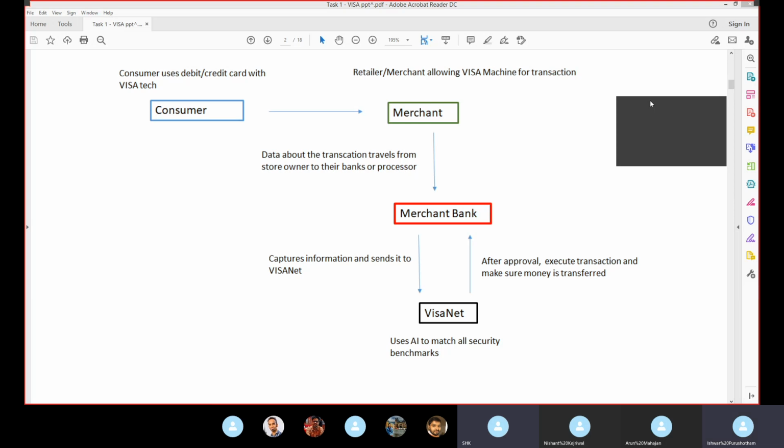In the end, for the business case, Visa has a huge market, a huge merchant network connection, and huge numbers of terminals where these cards are accepted. So they make huge profits.